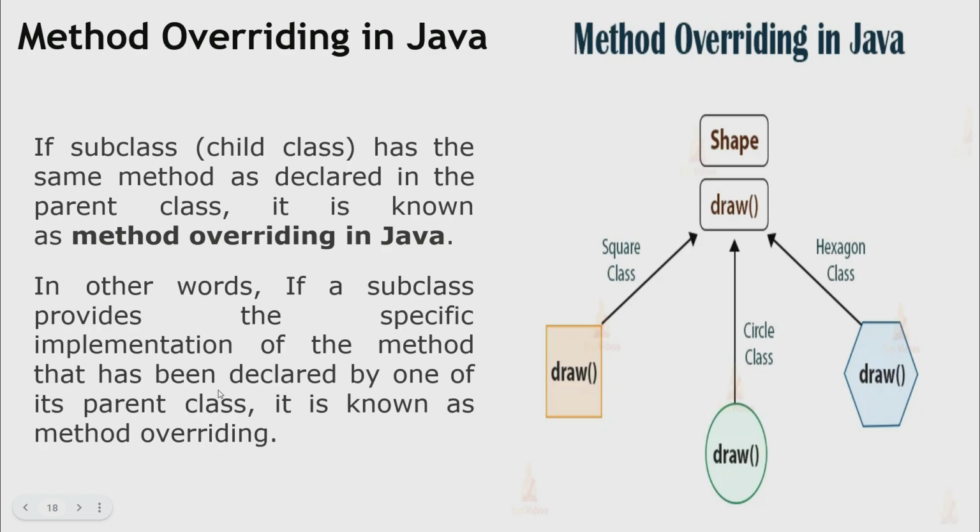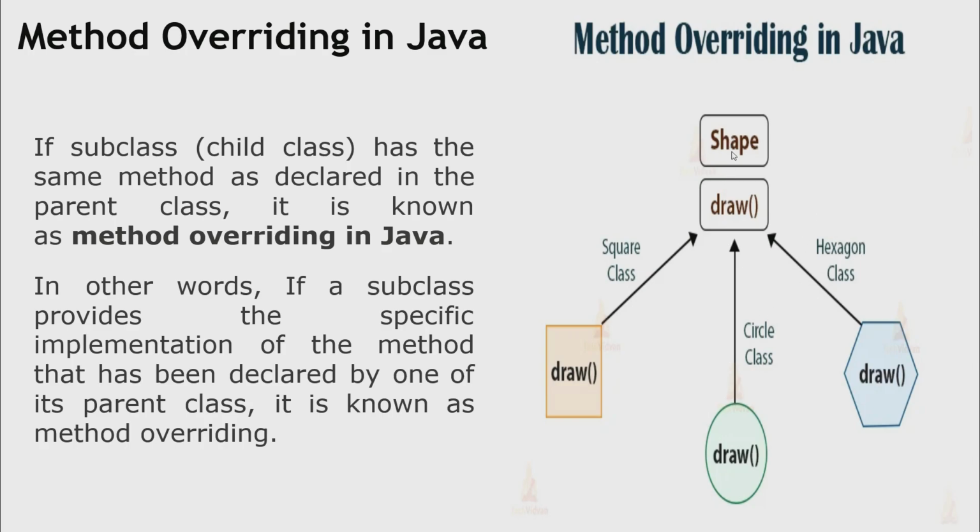Next one is method overriding. Method overriding means if the subclass has the same method as declared in the parent class, it is known as method overriding. See here, it is the parent class Shape and it has three child classes: one class is Square, one class is Circle and one class is Hexagon.